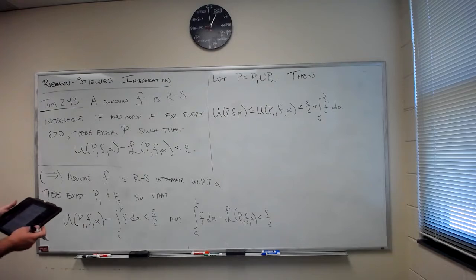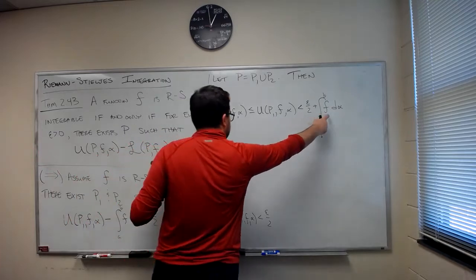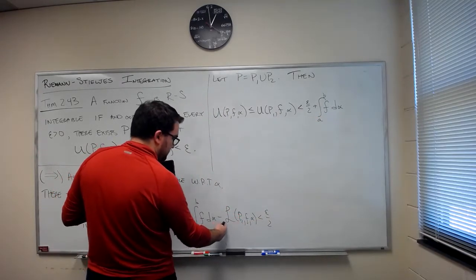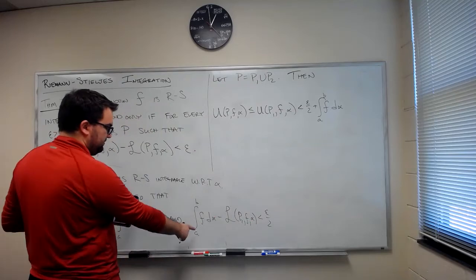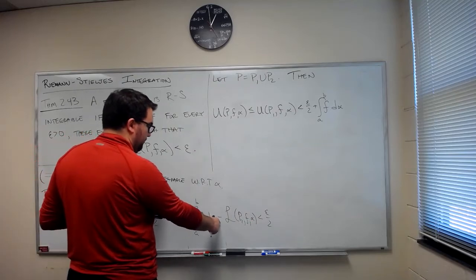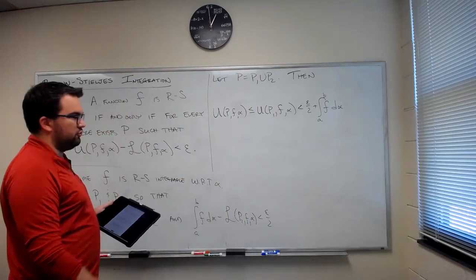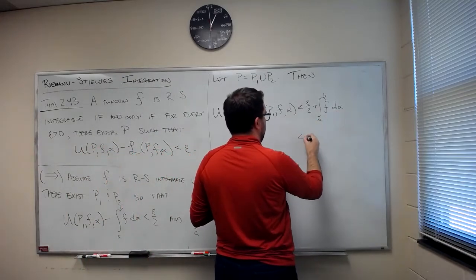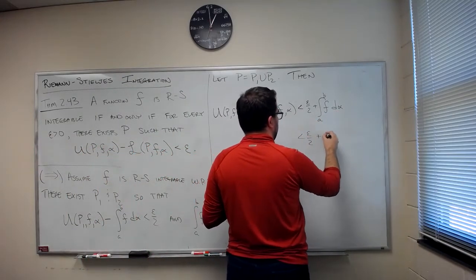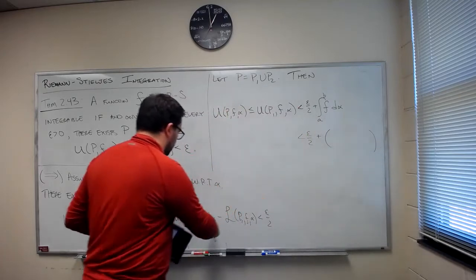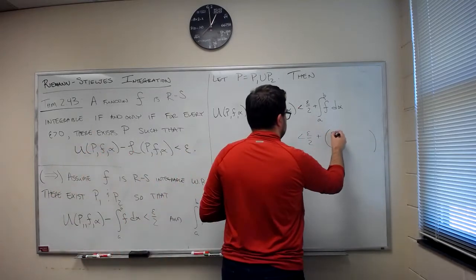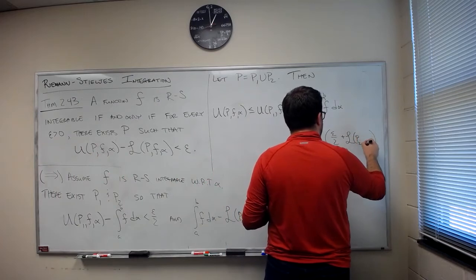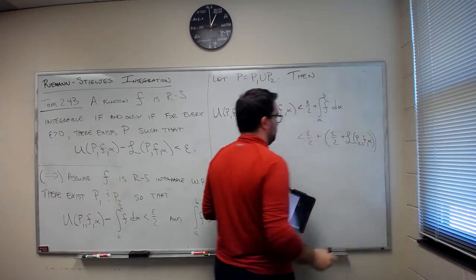But now let me look at this term. If I look here, I can add this to both sides. So I'll add the lower sum to both sides. That gives me that the integral from a to b of f d alpha is less than epsilon over 2 plus the lower sum. So I'm going to come here then. I'm going to leave the epsilon over 2 alone, but I'm going to plug in something larger than the value of the integral here, and that's epsilon over 2 plus the lower sum of P2, f, alpha.